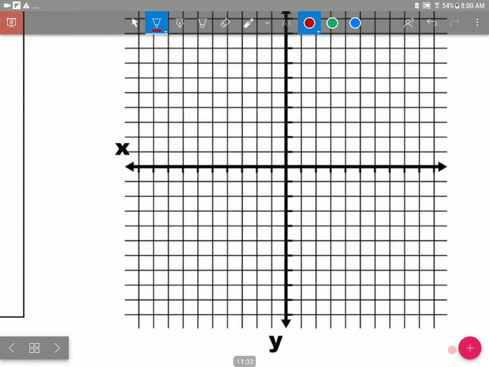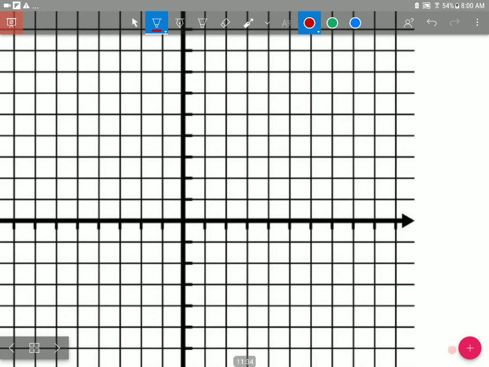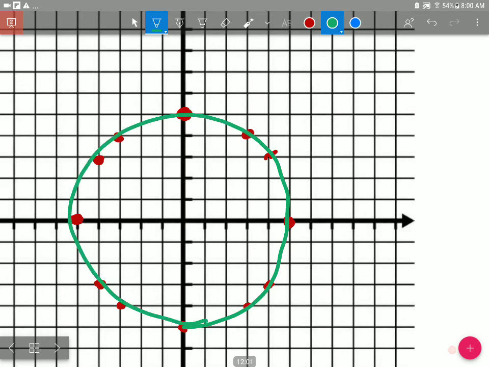So here we go. If you grab all the ones that fit, that's Mr. Hunter's perfect circle.